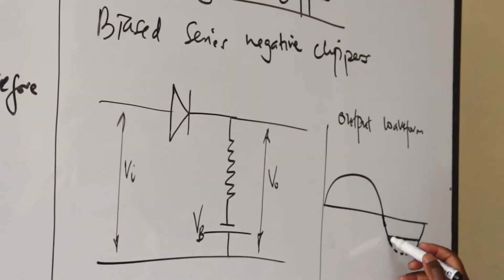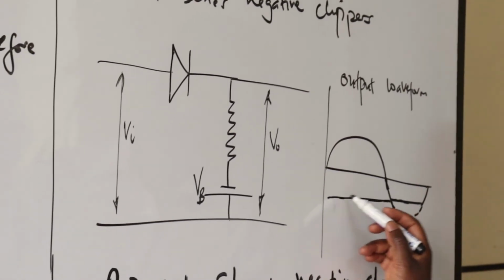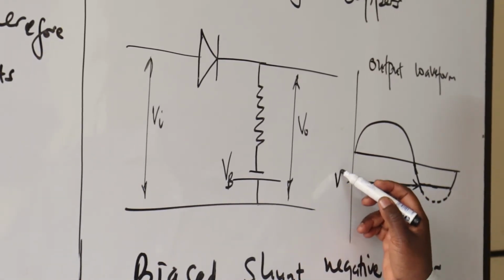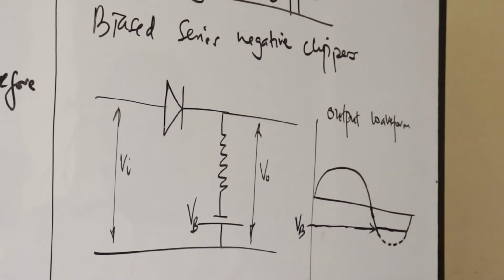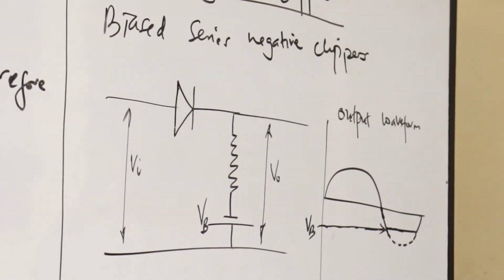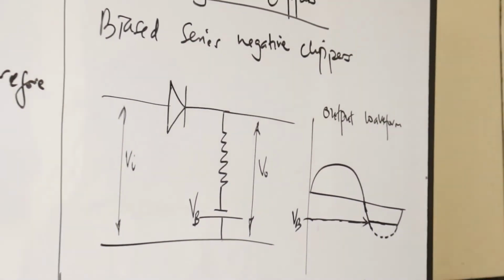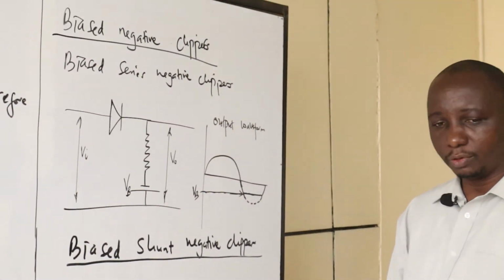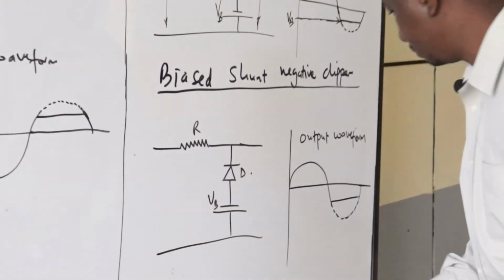The same thing applies, and the broken part is a part that has been clipped out. So we're going to have a brief description of this so that we are able to understand it in terms of explanation.